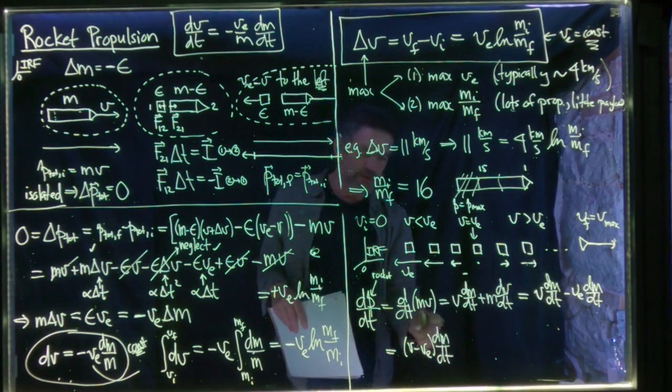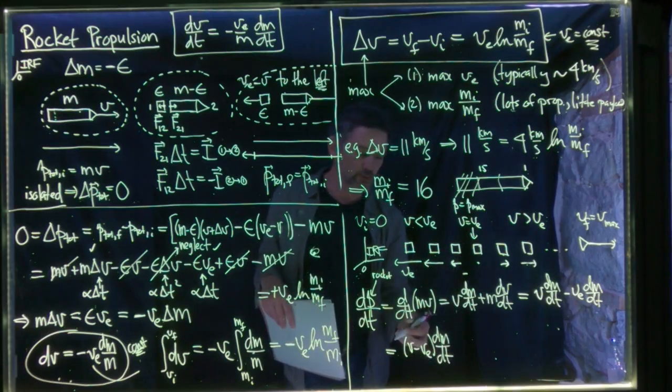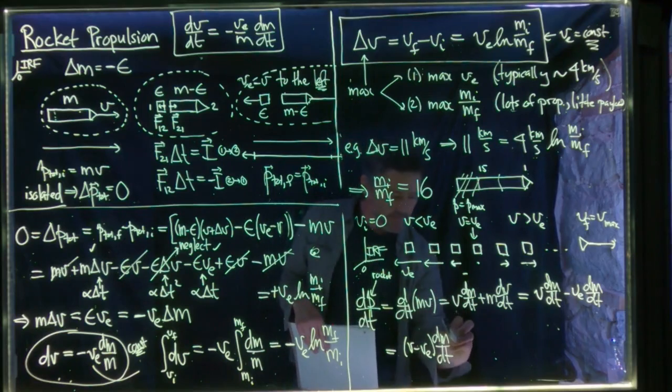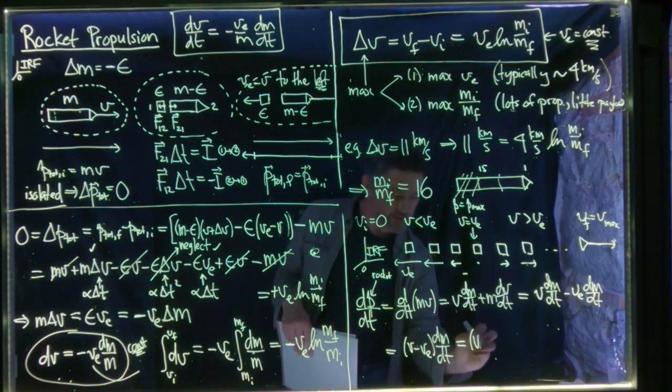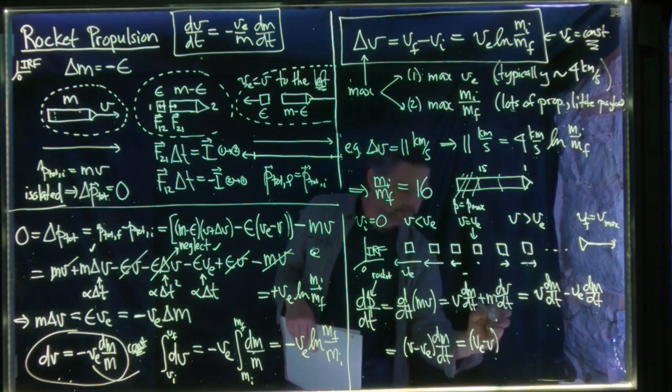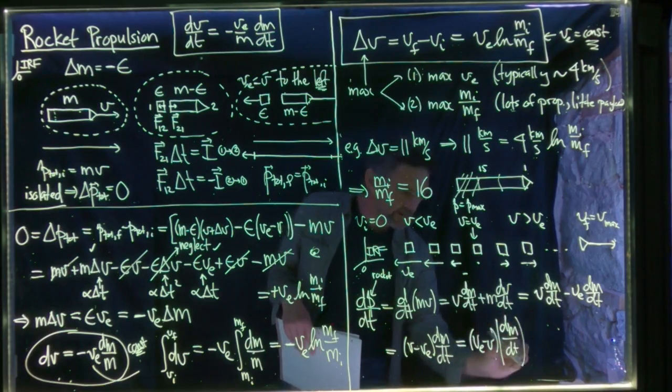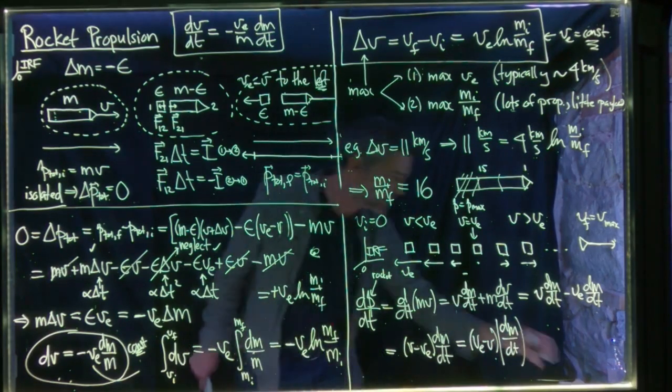Now dm dt is always strictly a negative number, so we can make this equation a little easier to follow. We can take the v minus ve and flip that around. So this is the same as ve minus v times the magnitude of dm dt.